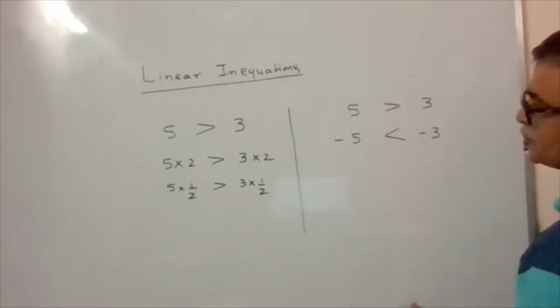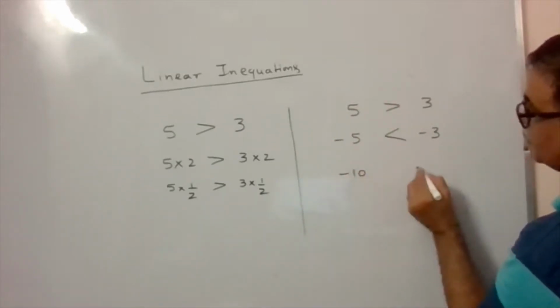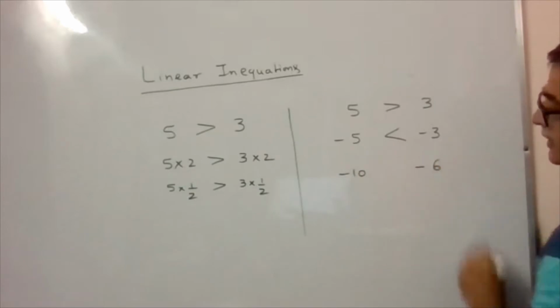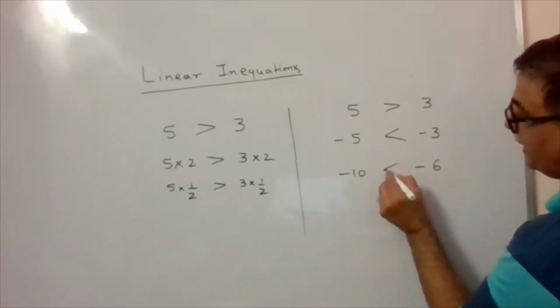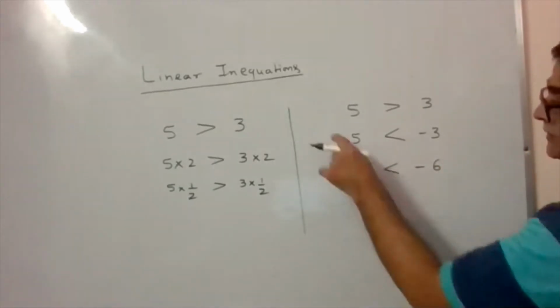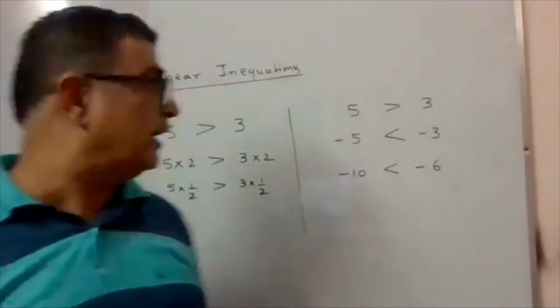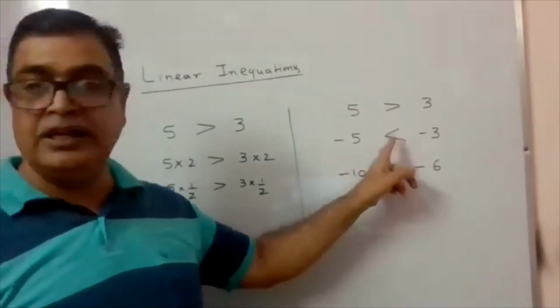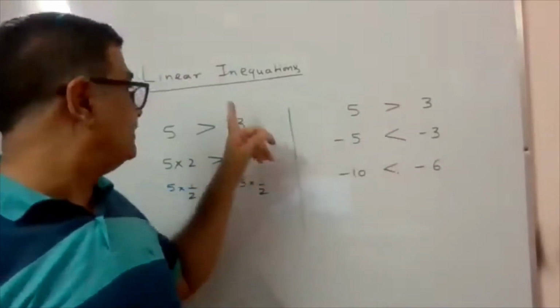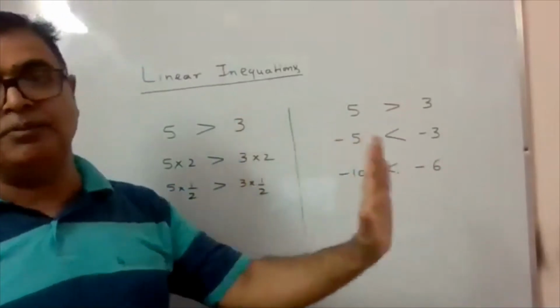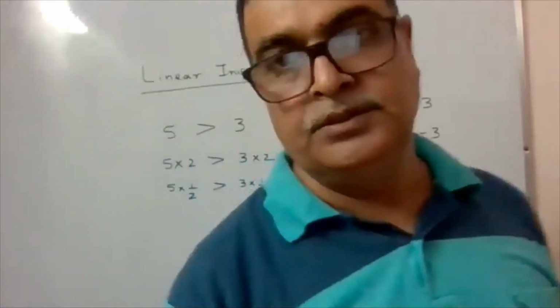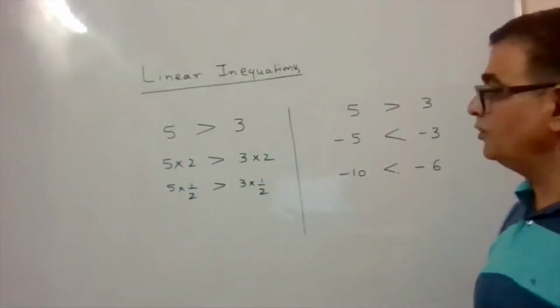For example, if I multiply by -2, this is -2 and this will be -6. Which is bigger now? -2. So whenever a negative number is multiplied on both sides, the inequation gets reversed. If a positive number is multiplied, it will remain the same. Clear? Now rule 3.